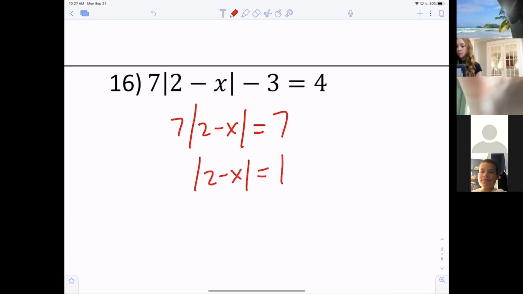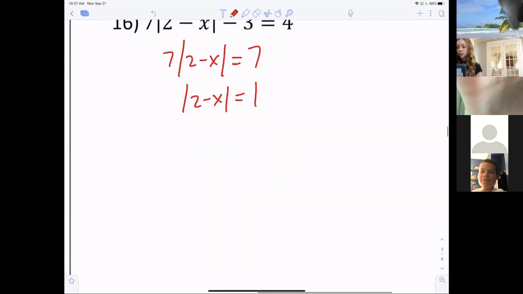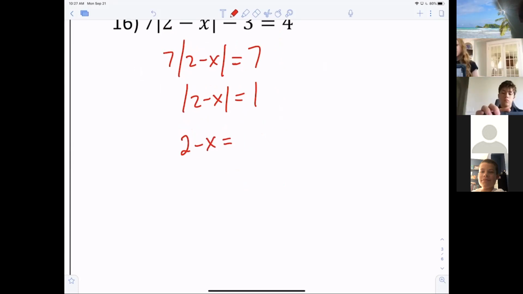Yes, and now how do I write the two equations? And then you do 2 minus x equals 1.